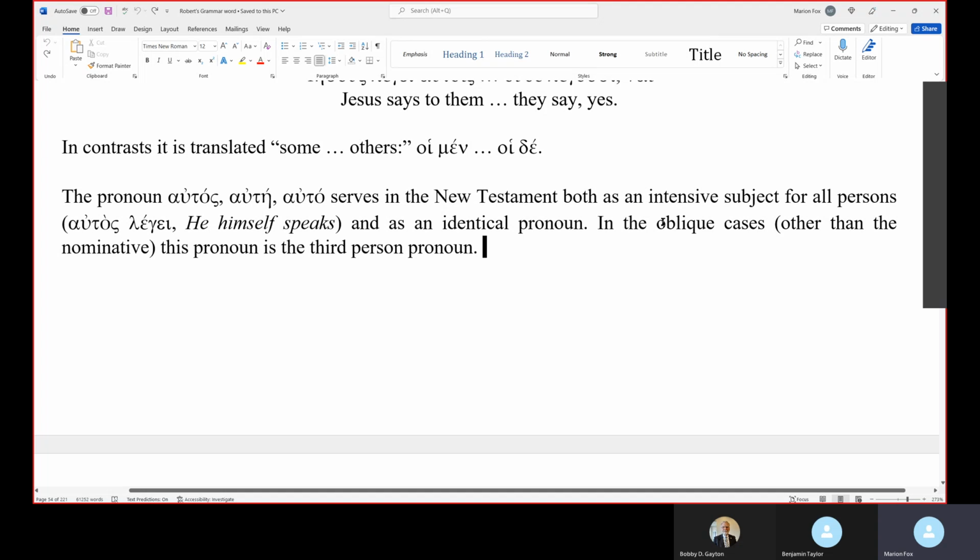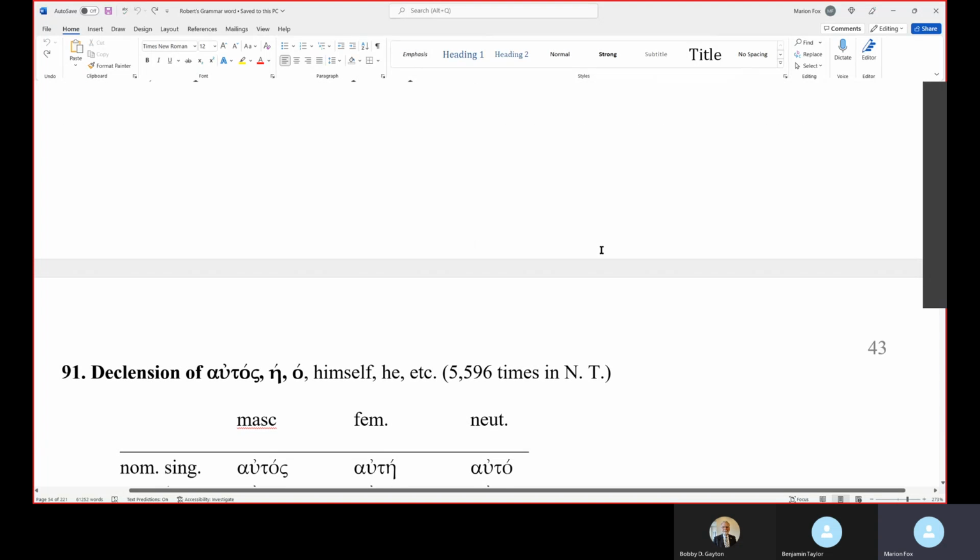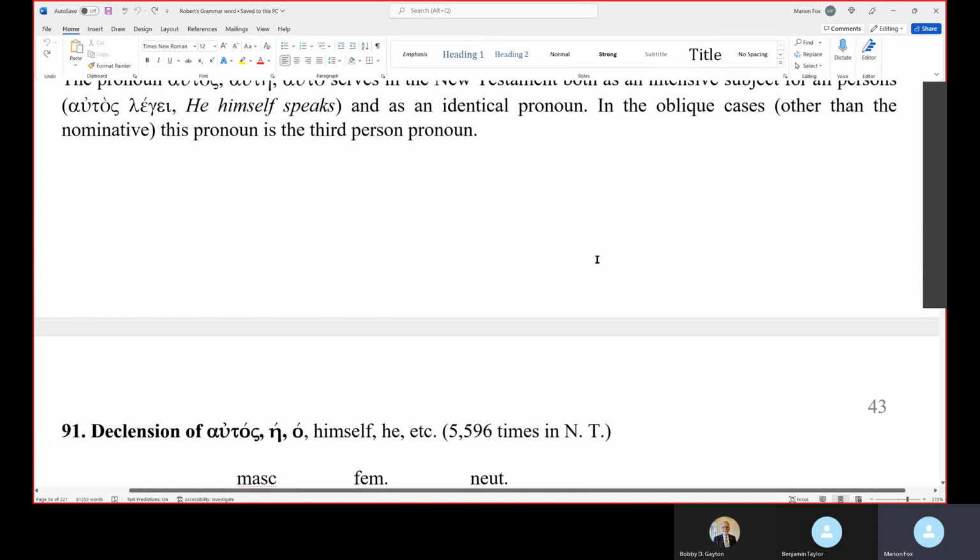In the oblique cases, and what are the oblique cases other than the nominative? Every case except nominative is oblique. So that would be all cases other than the nominative. This pronoun is a third person pronoun. When it's in the nominative case, it functions differently. Got to make a note of that. I think somewhere in here it tells us that.